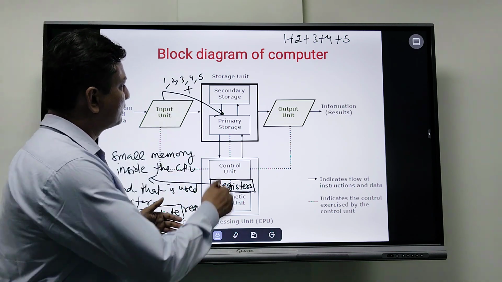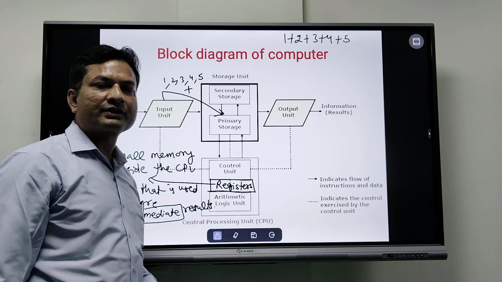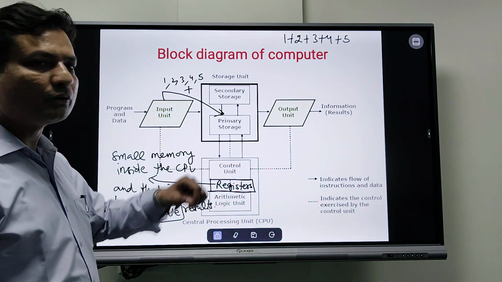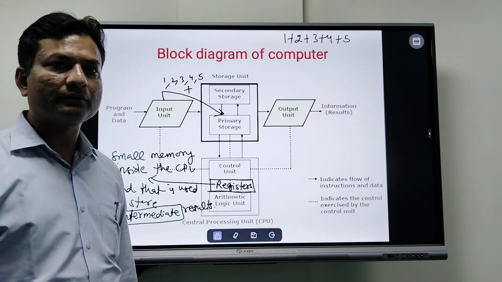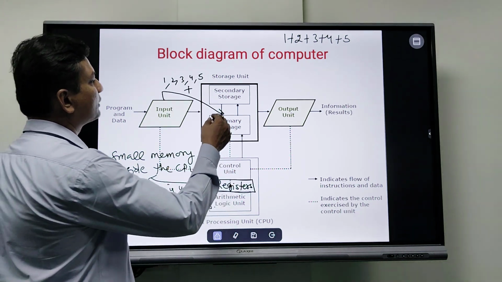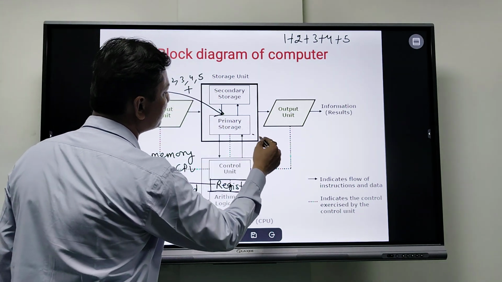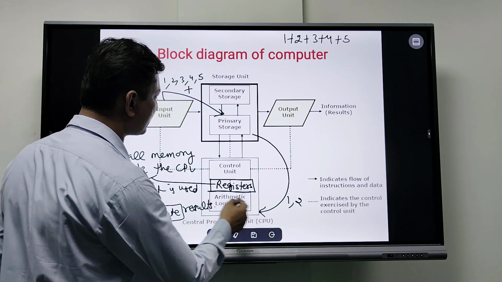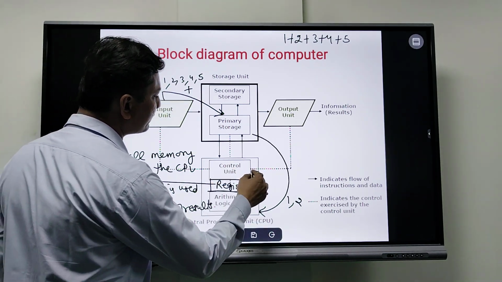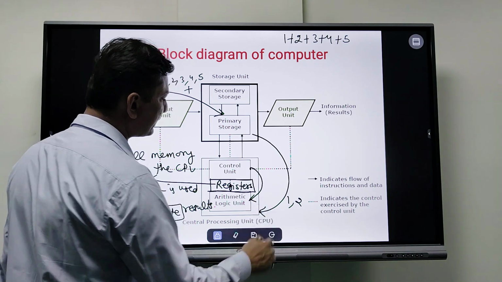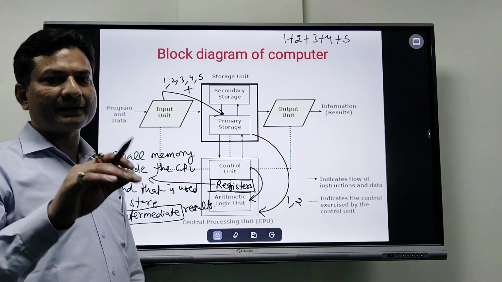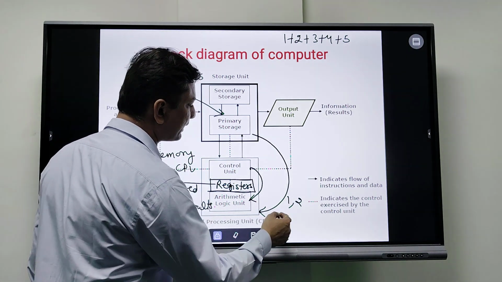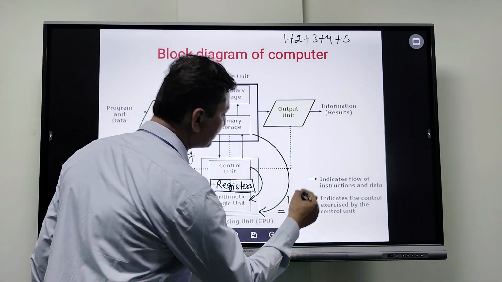Which part of the computer system will perform the operation of addition? Obviously, ALU. Out of these 5 numbers, 2 numbers, 1 and 2, will be provided to the ALU, and control unit will tell ALU to perform addition on these 2 numbers. Now, ALU will perform addition and the output of 1 and 2 will be 3.